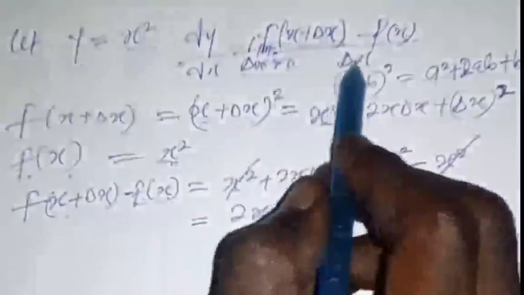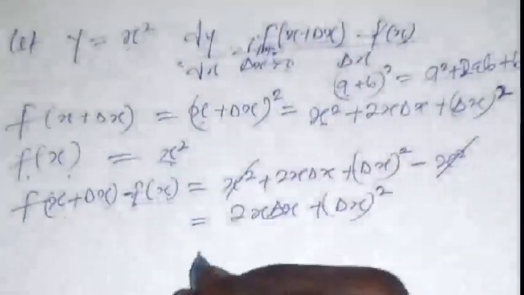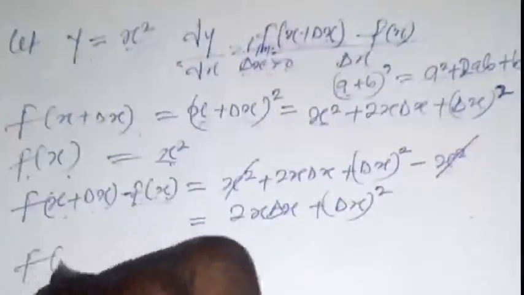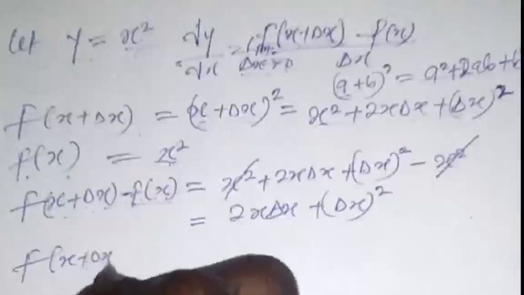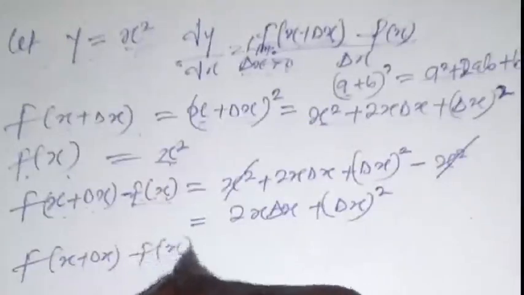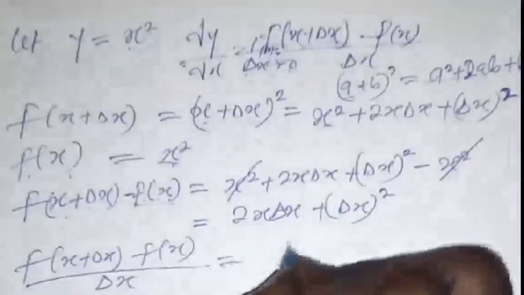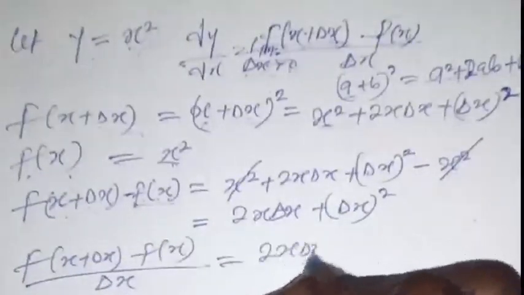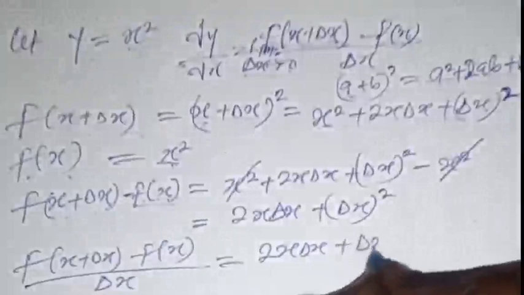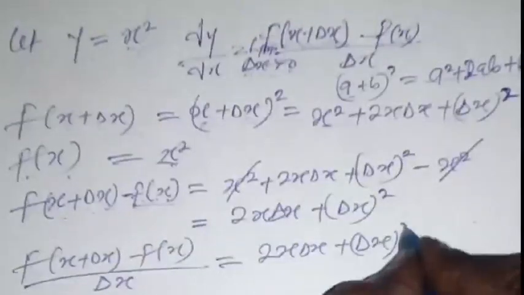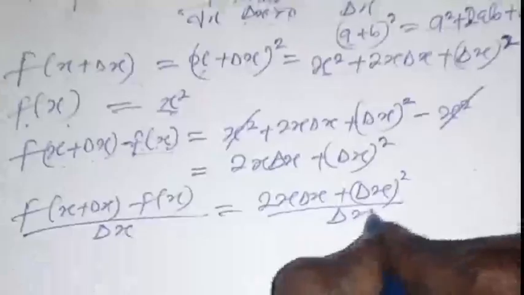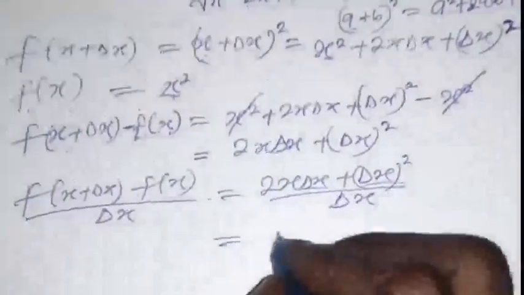Then we evaluate it with the numerator. Then we have function of x plus delta x minus function of x all over delta x is equal to 2x delta x plus delta x squared all over delta x. We have delta x here, we can factor out delta x.